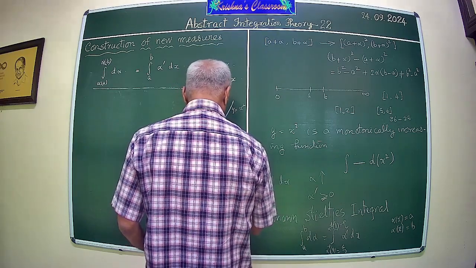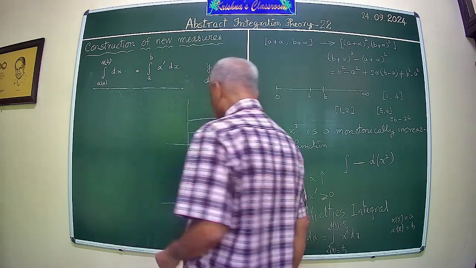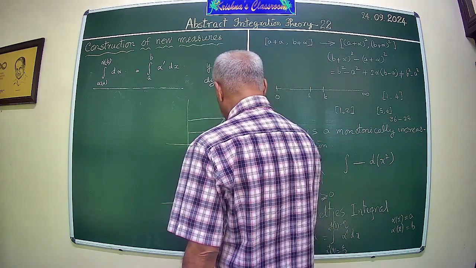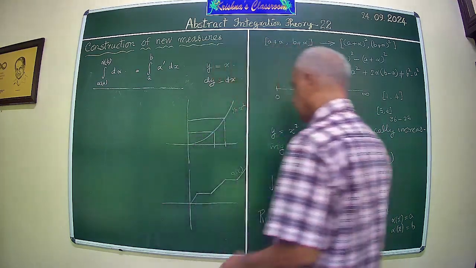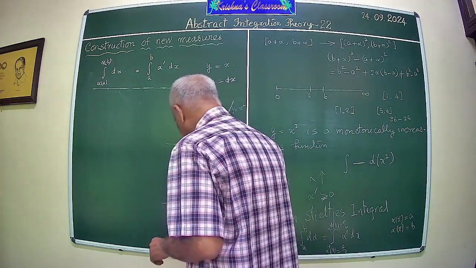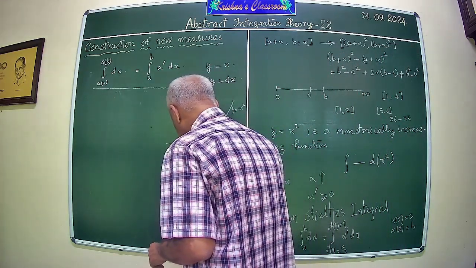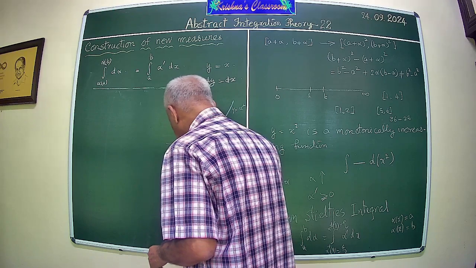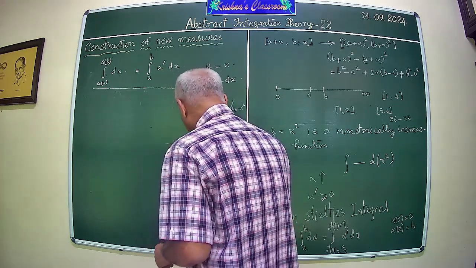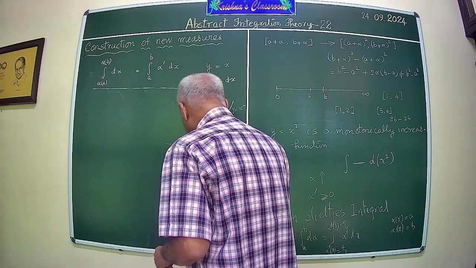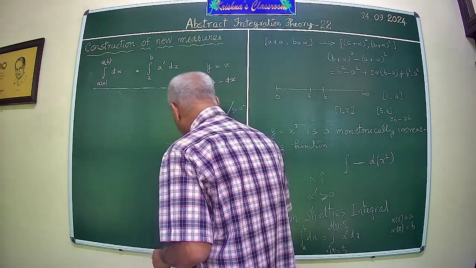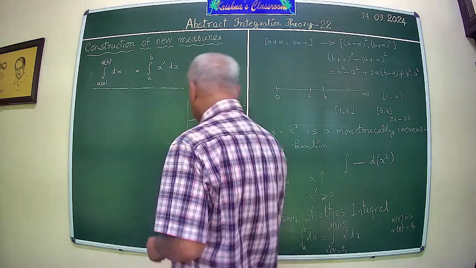This is again a monotonically increasing function. So you take alpha, something like this. Then what happens? On this interval, you see that the length is redefined. It depends on the slope of this line. And suppose you take this interval, it has a positive measure here, whereas the corresponding measure that you have is 0.